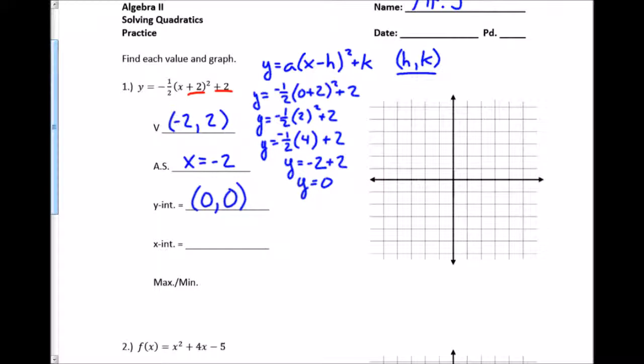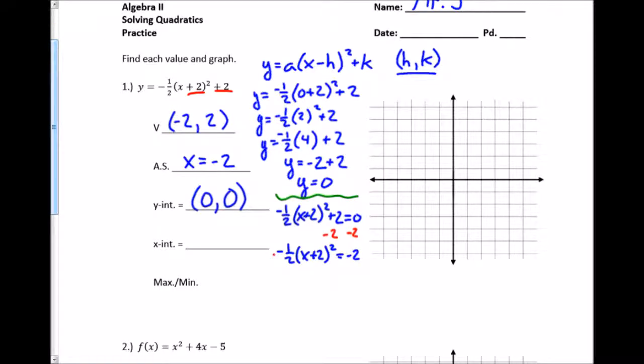For the x-intercept, if the y-intercept is when I plug a 0 in for x, algebraically, the x-intercept is when I plug a 0 in for y. So I set this equation equal to 0, and I just have to solve. This is set up to solve using the square root. I subtract the 2 from each side, so I end up with -1/2 times (x plus 2) squared equals -2.